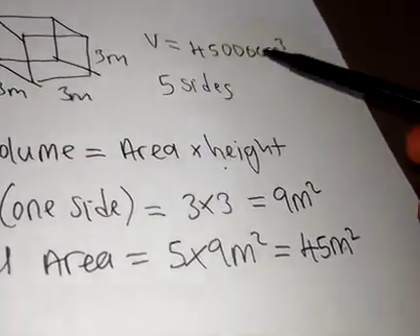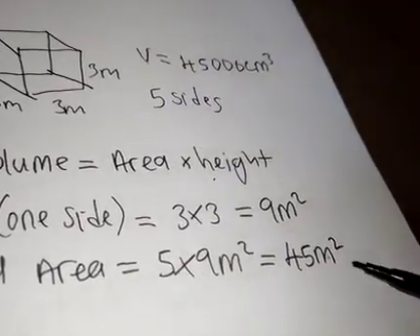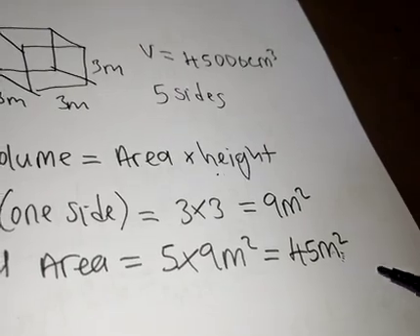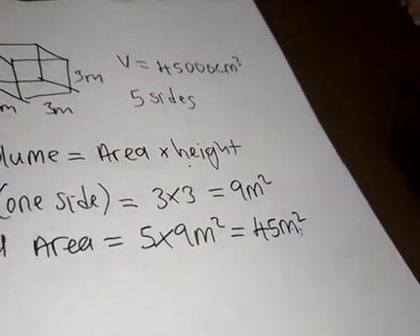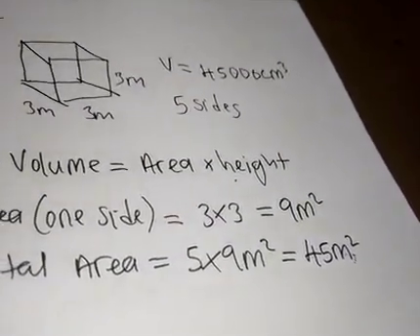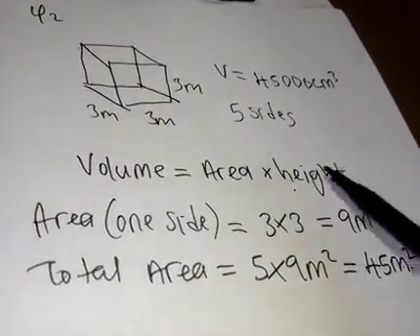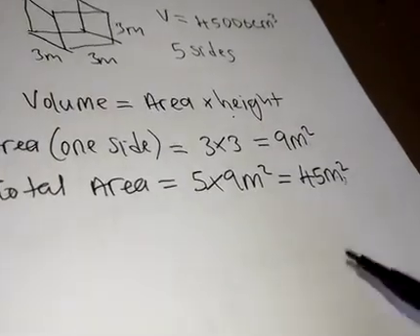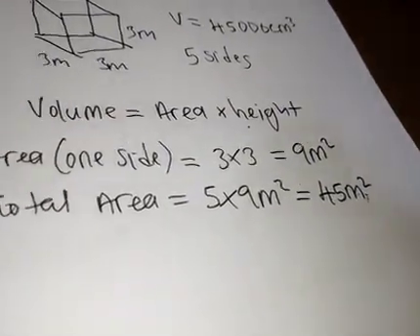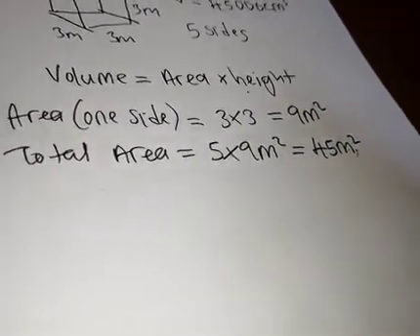But let's check. We have meters and centimeters there, meaning this one should be converted to square centimeters, so that we can now use the formula to find the height. So let's convert the 45 square meters to square centimeters.